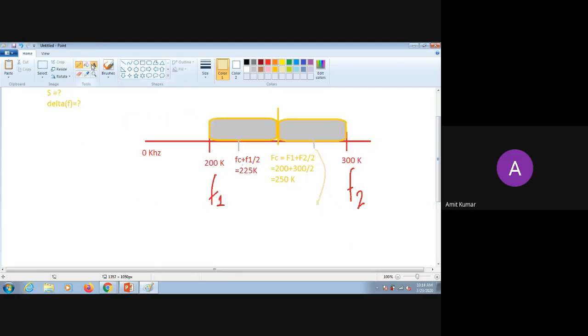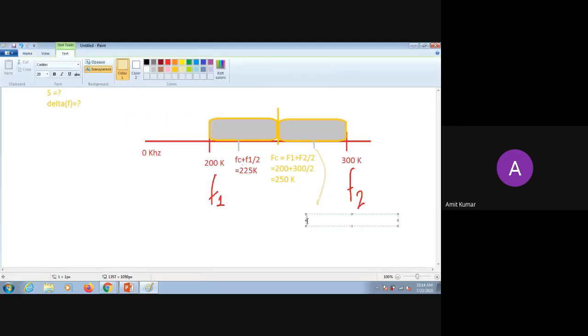The center frequency for the other one will be given by Fc plus F2 divided by 2. That means 250 plus 300 divided by 2, so 550 divided by 2, that means 275K.